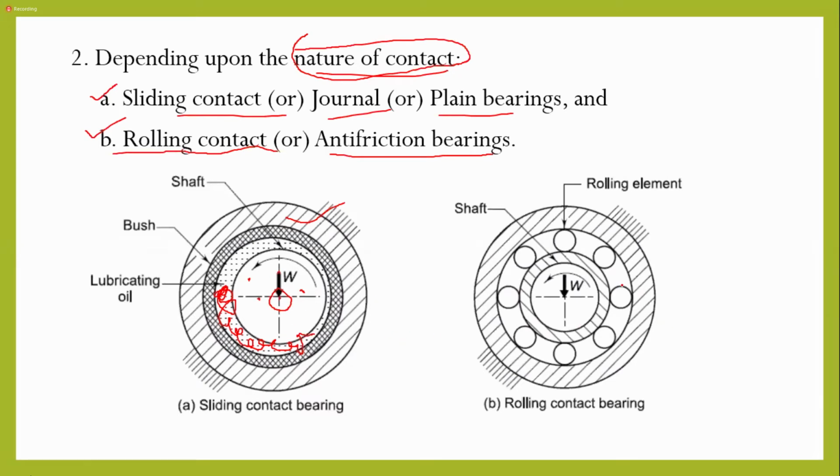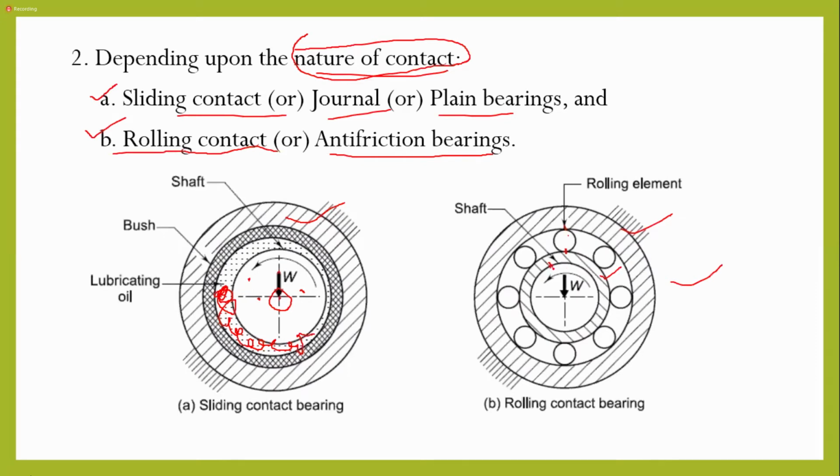And if you see this, we have the outer shell, we have the inner shell or ring, and in between these two rings we have the balls, and these are the rolling elements. The shaft is placed in this. So we have a point contact within the bearings, right?